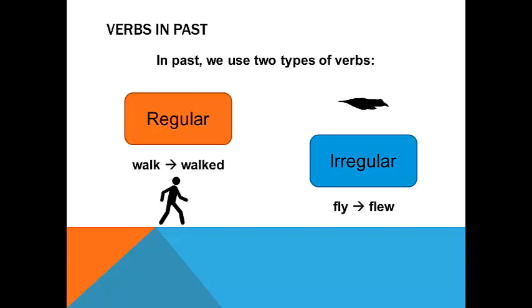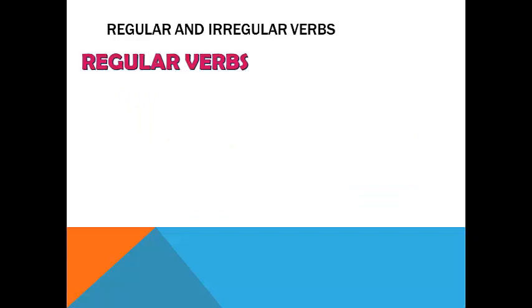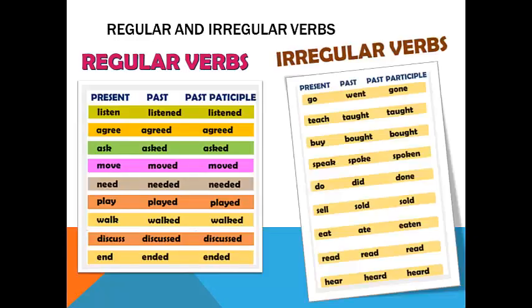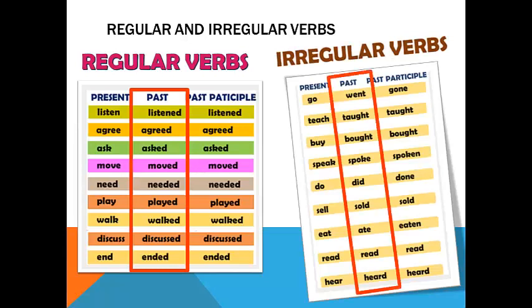Now let's continue with this. So let's remember some of the lists of verbs that we have been checking before. As you can see, regular verbs, all of them end with ed, like listened, agreed, asked, moved, needed, played, walked, discussed, ended.